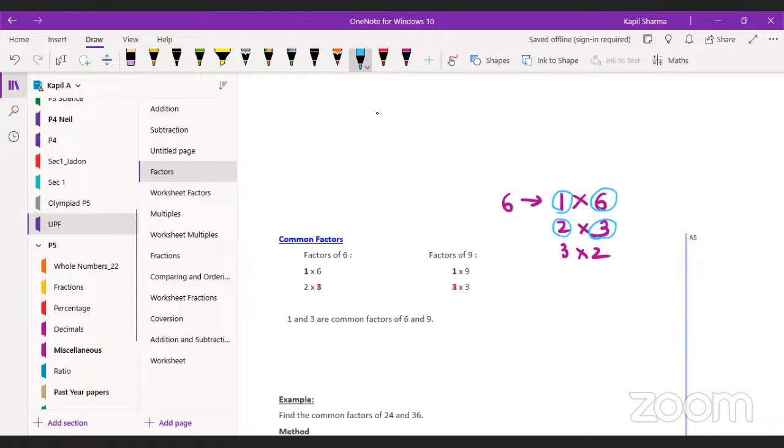Similarly, for 9, 1 times 9 and 3 times 3. So these are the 3 factors for 9. 1, 3, and 9. So what are the common factors, guys? Common factors of 6 and 9. Quickly respond.